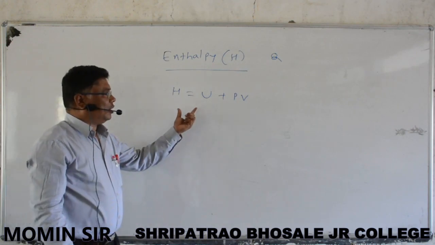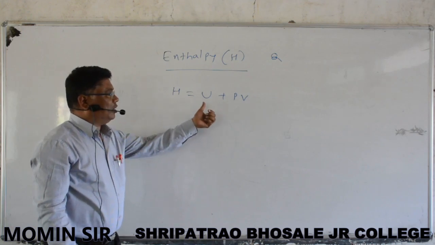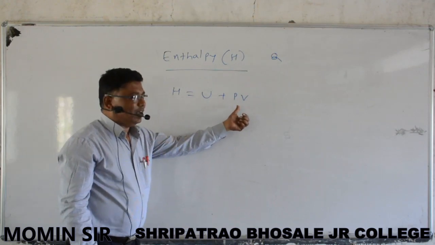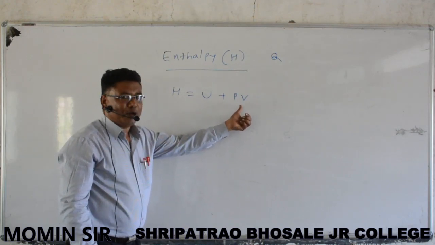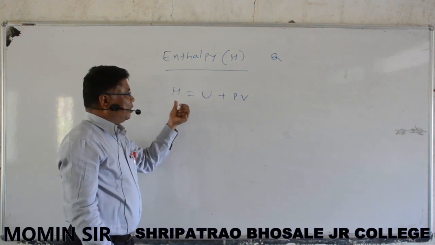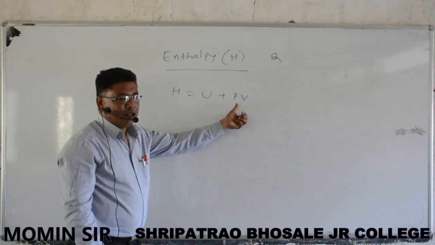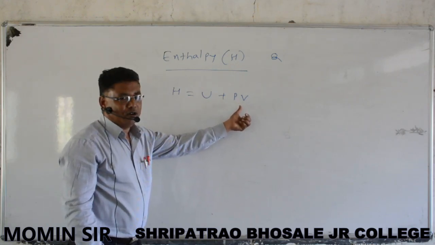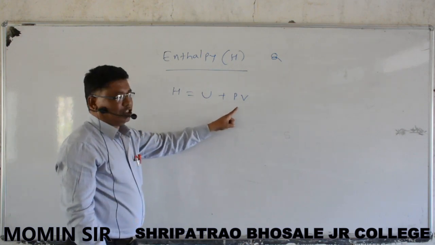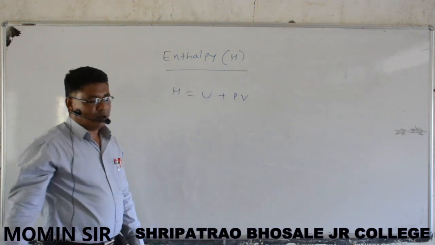We can define enthalpy as: enthalpy is the sum of internal energy and energy equivalent to pressure volume work, and mathematically H is equal to U plus PV.